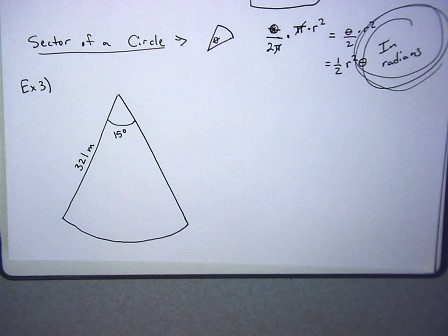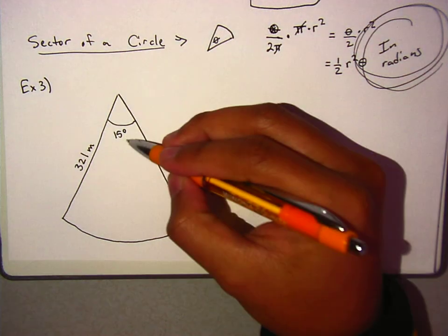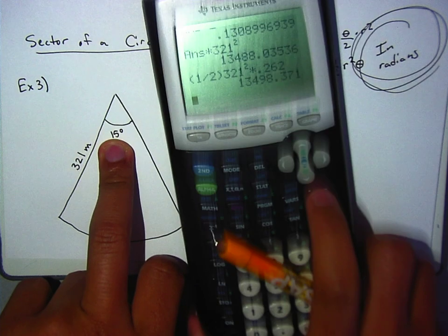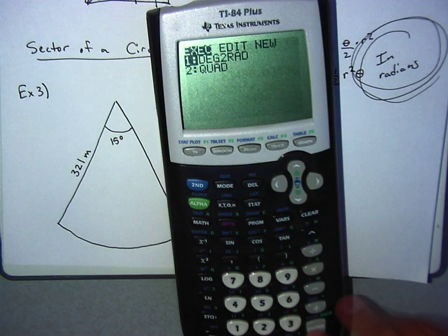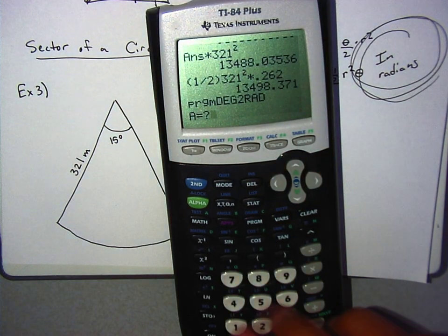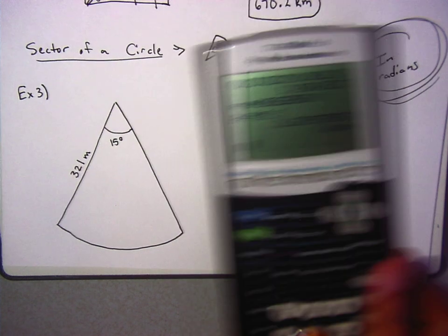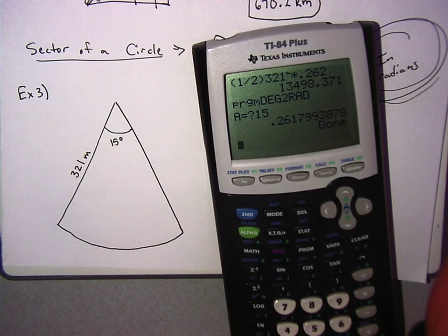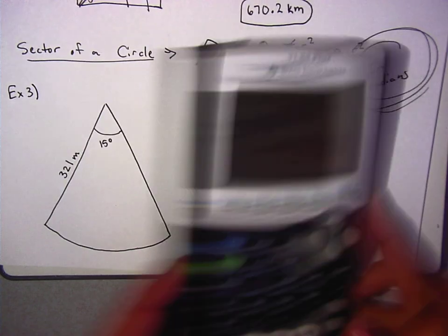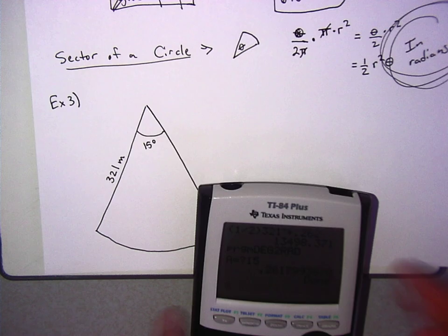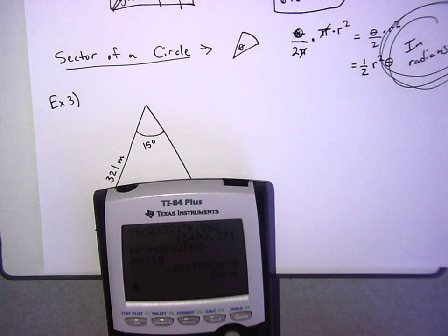All right, so we have to change from degrees to radians. I'm just plugging in 15 degrees, and I got this for my radians. Because you have a program that you wrote for it. Yeah, basically. Everybody else would do cross multiplication, but that's okay.